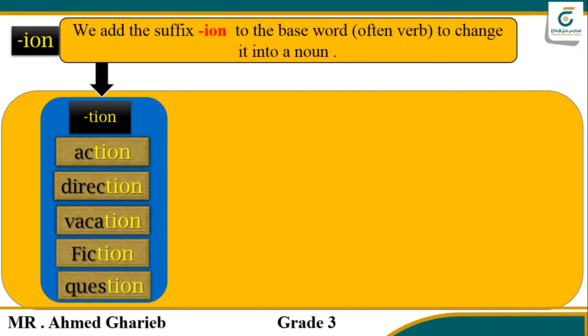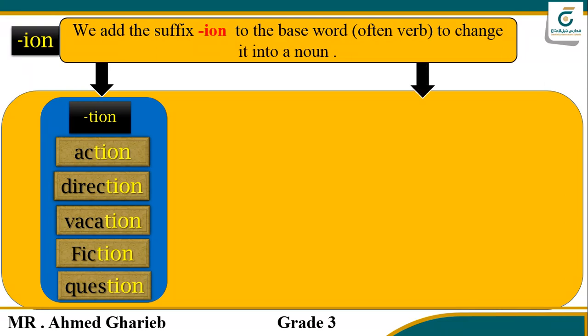So the first one is tion making the sound shin. Be careful. The i and o make a slight air, so try to leave them out. Shin, as if they don't exist. Direction, vacation, fiction, question. Okay.